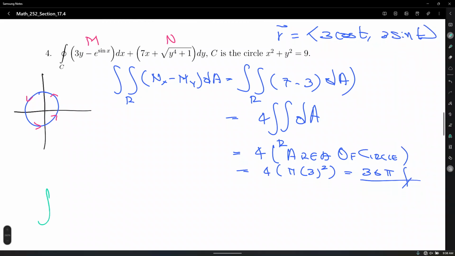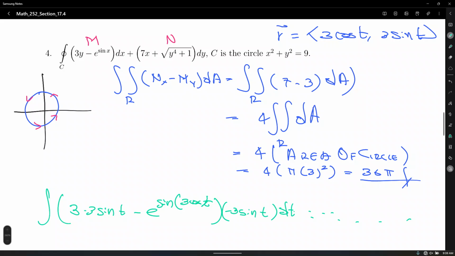That's the integral of 3 times 3 sine t minus e to the sine of x, which is 3 cosine t, times the differential of x, that's negative 3 sine t dt, plus the garbage from the dy part.